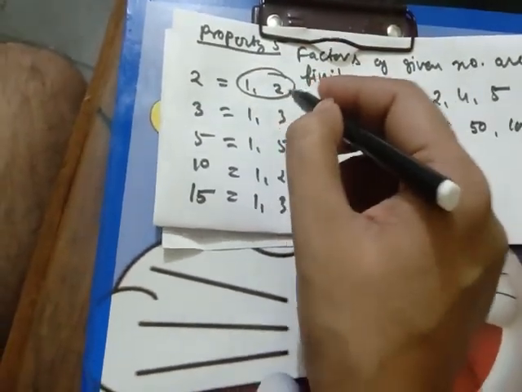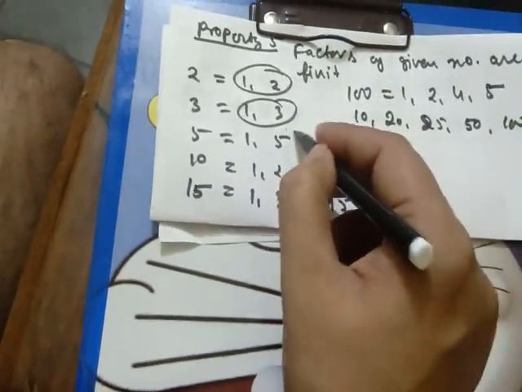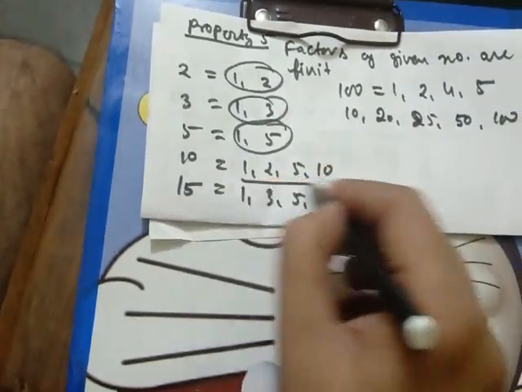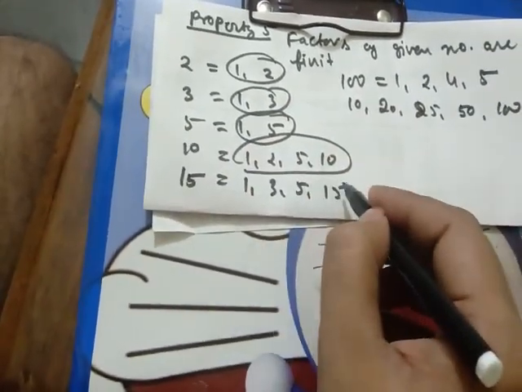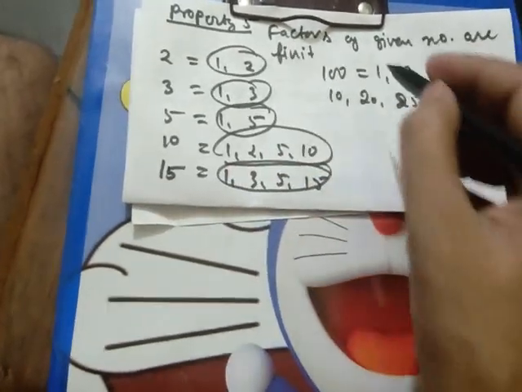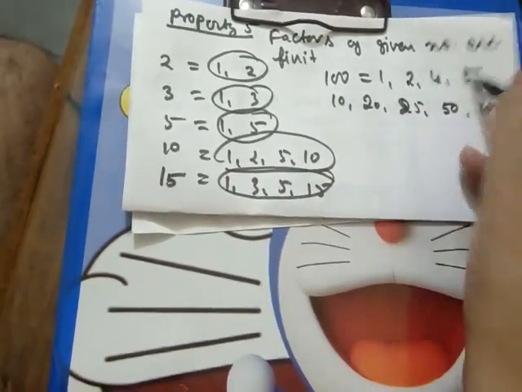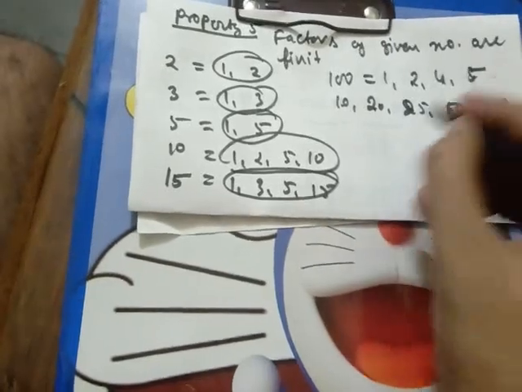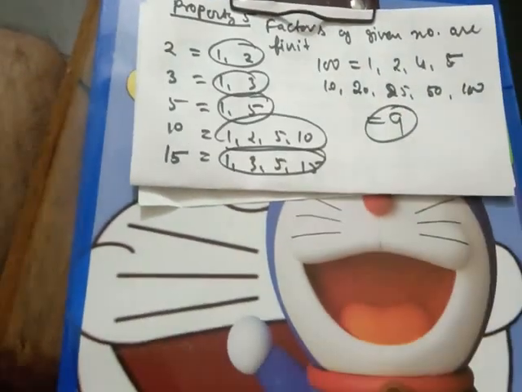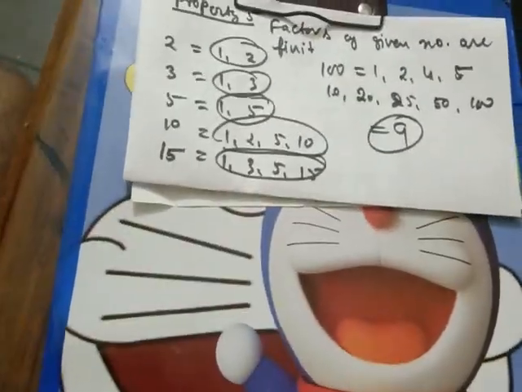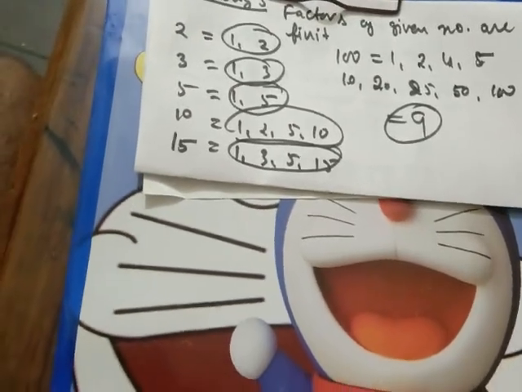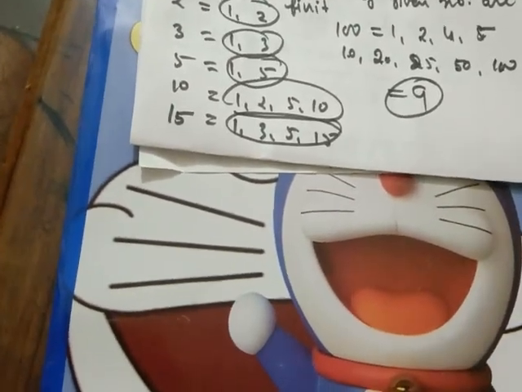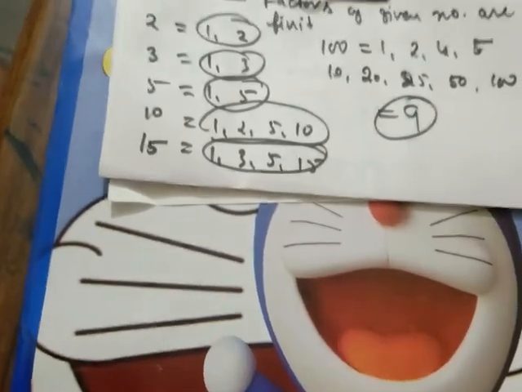Suppose that 2 has 2 factors, 3 has 2 factors, 1 has 1 factor, 10 has 4 factors and 5 has 2 factors. 100 has 1, 2, 3, 4, 5, 6, 7, 8, 9. So the number of factors of 100 is 9. So it can be counted and it is finite in number. It means they are fixed. Okay, thank you very much.